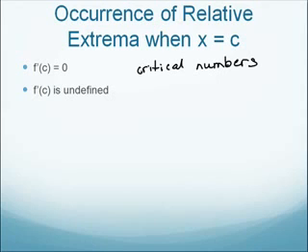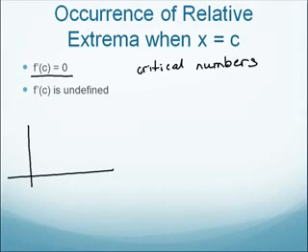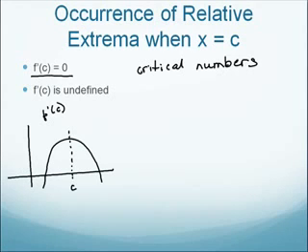And where the derivative is equal to 0, this x value would be c here, and so at that point, if we find the derivative of the function, we'd plug c into it.